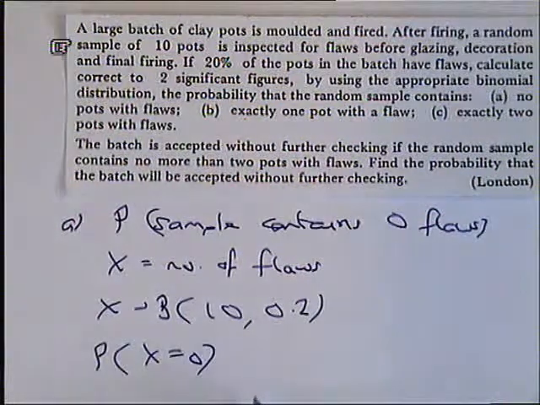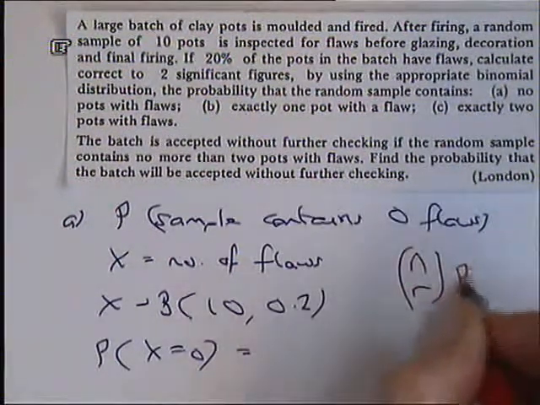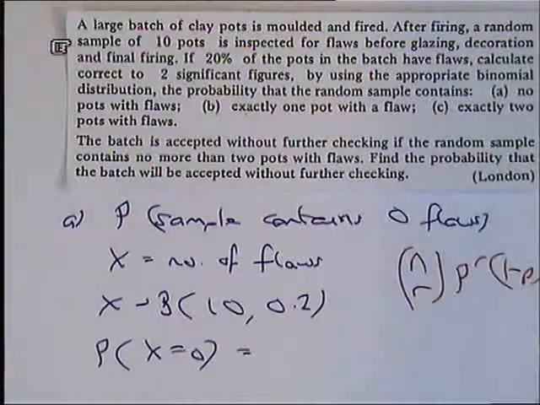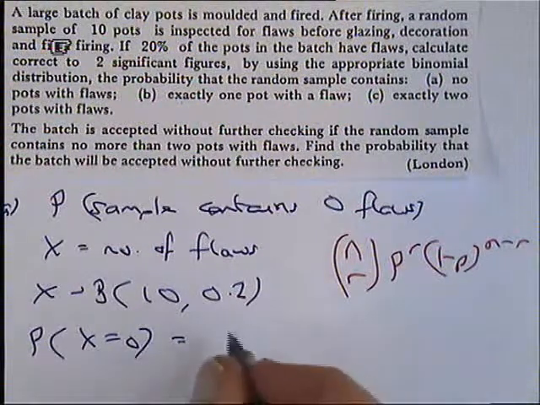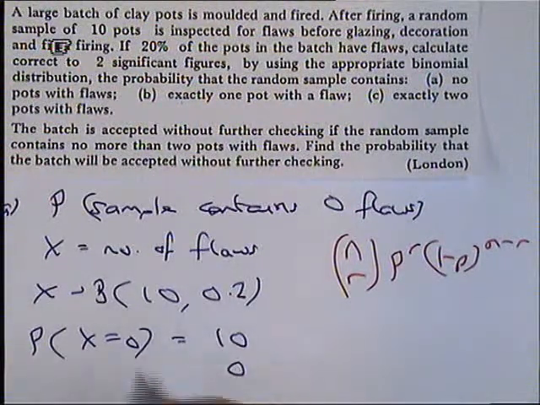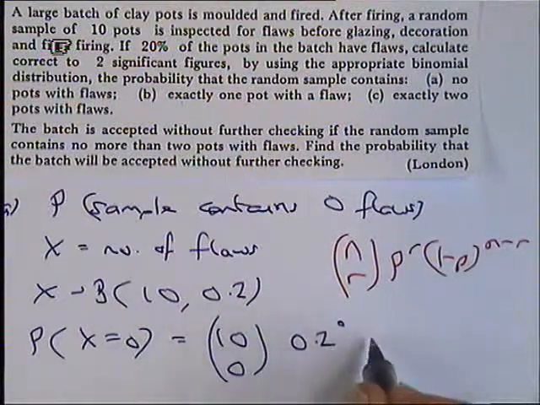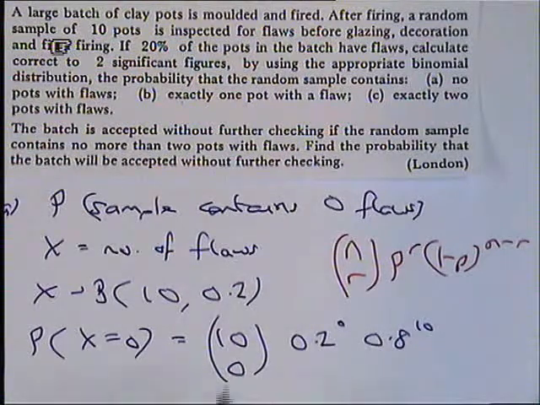The formula for binomial probabilities is n choose r, p to the r, 1 minus p to the n minus r. So to work out the probability, I have n choose r, this is my r value, p to the r, 1 minus p to the n minus r.